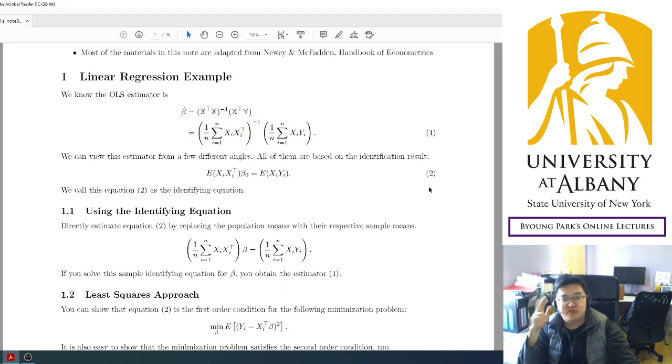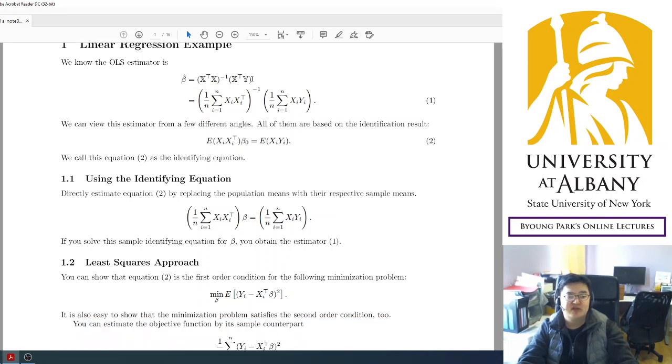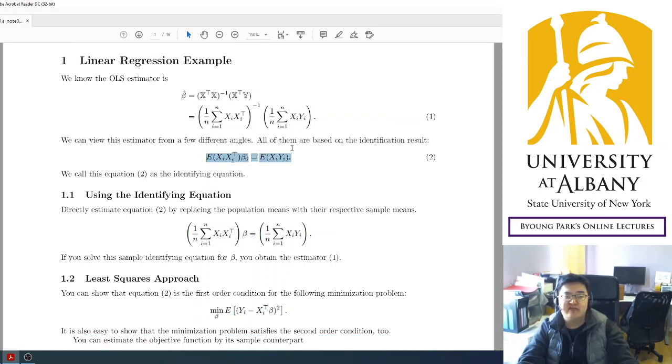I will give you 3 different approaches to obtain this estimator. First, you may use the identifying equation directly. So you know this equation. This equation holds under the classical linear regression assumptions. The problem here is, you do not know what the population expectation is.